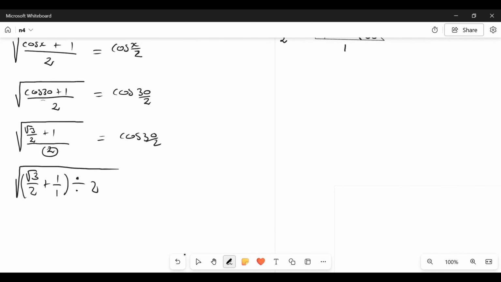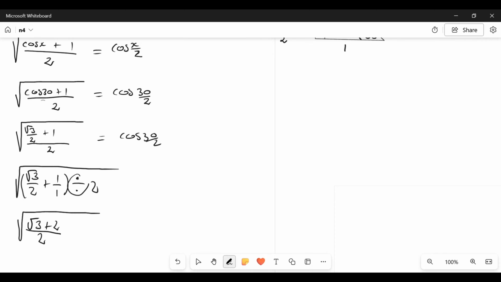I just decided to write it like this. So we have to find the common denominator on the first bracket. So let's find it, LCD. We're going to have 2 there. So we know that 2 into 2 is 1 multiplied by root 3. This is going to give us root 3. There we go. Plus 1 into 2, it's 2 multiplied by 2. That is going to give us 2.